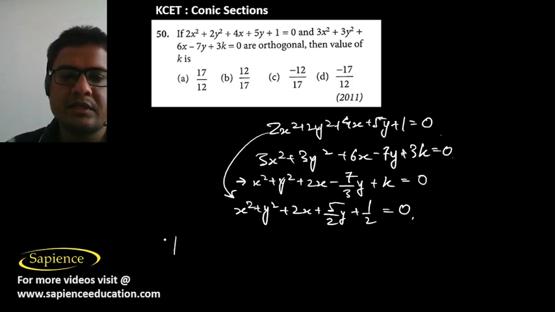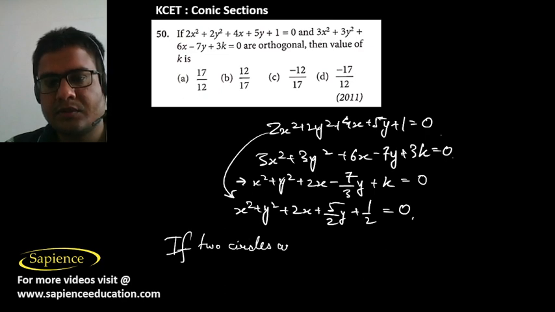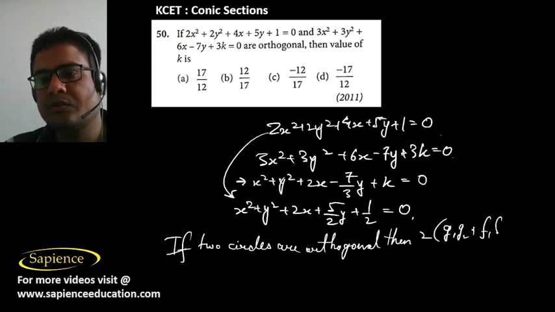So we know that if two circles are orthogonal, then 2 into g1 g2 plus f1 f2 is equal to c1 plus c2.